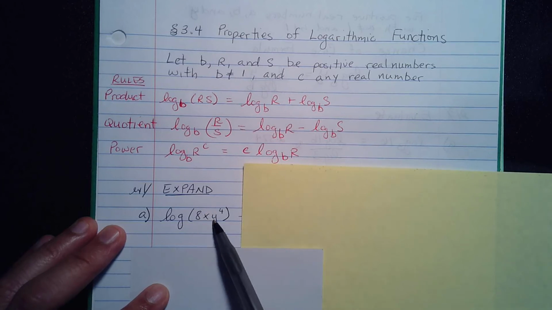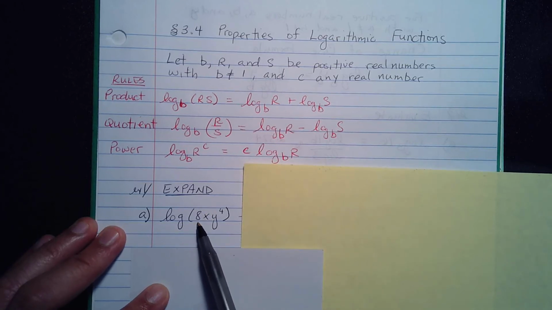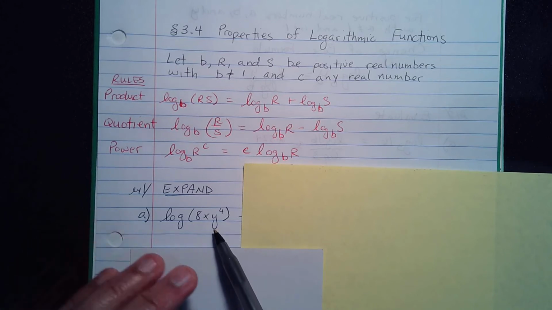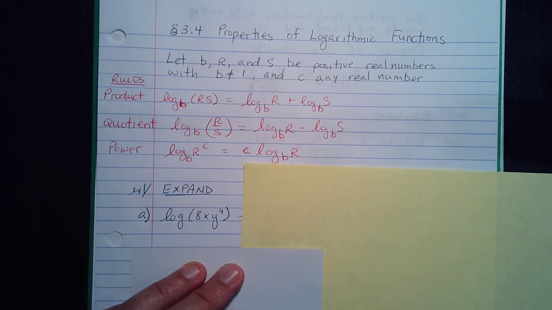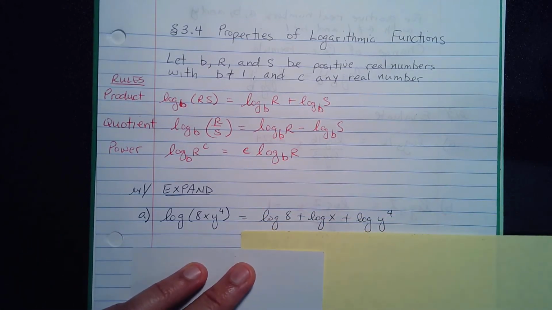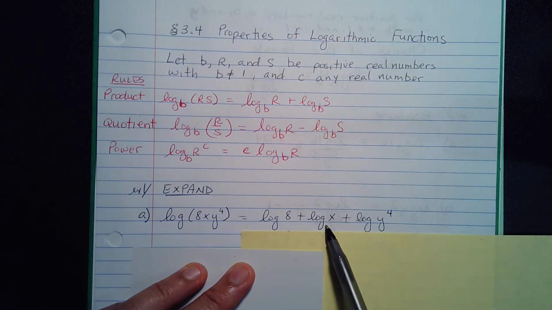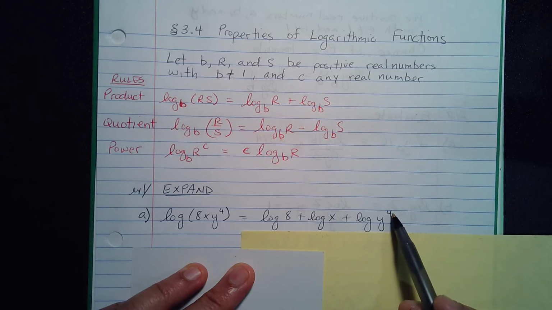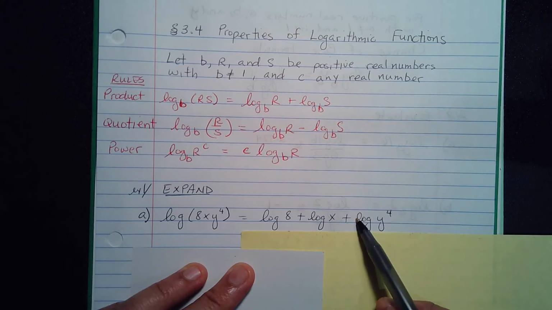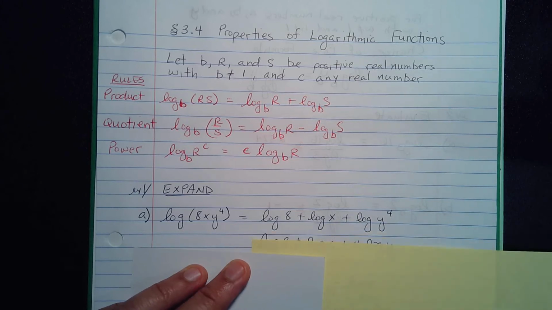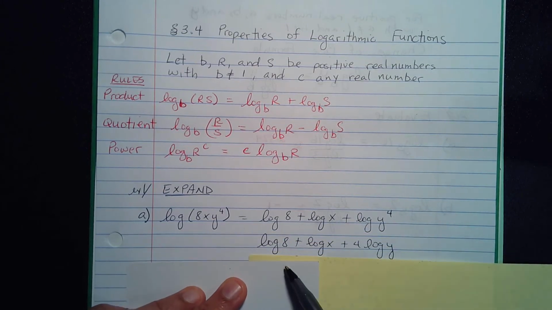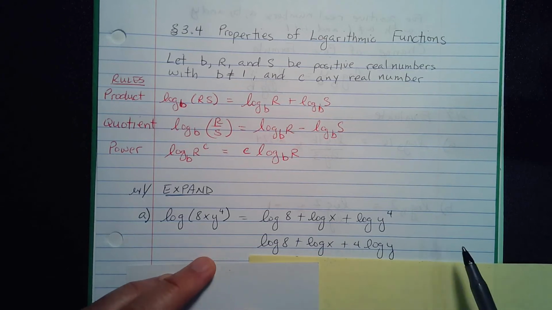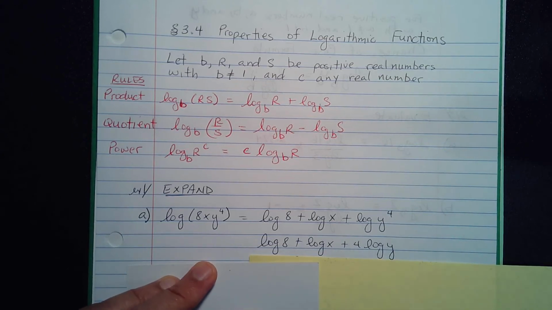Since this is a product, I'm going to expand it by using addition. So log 8 plus log x plus log y to the fourth. Now, I have an exponent here, so I'm going to move this 4 in front of the log. So this is your final answer. We expanded this log, so expand means to open up wider.